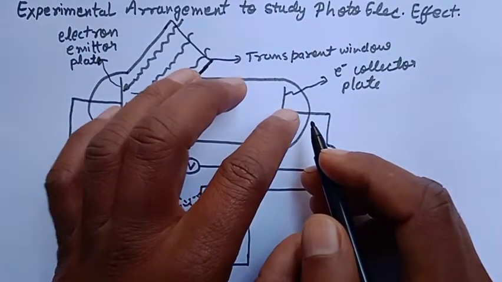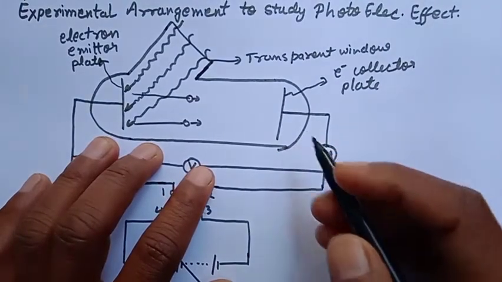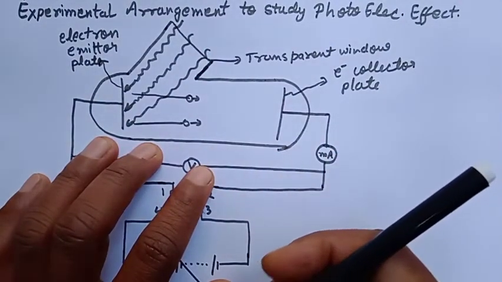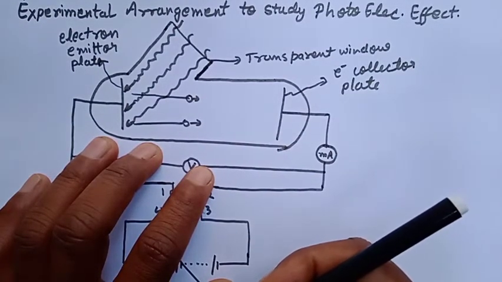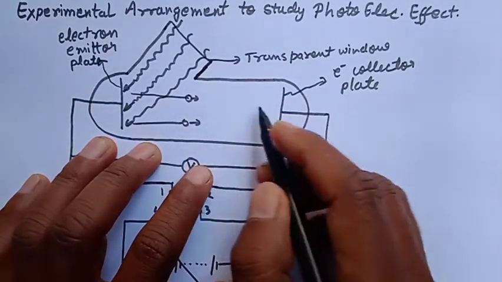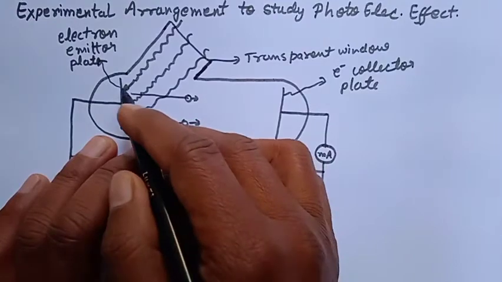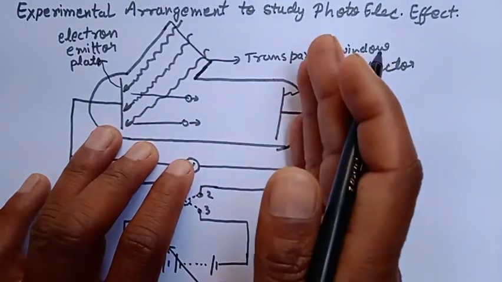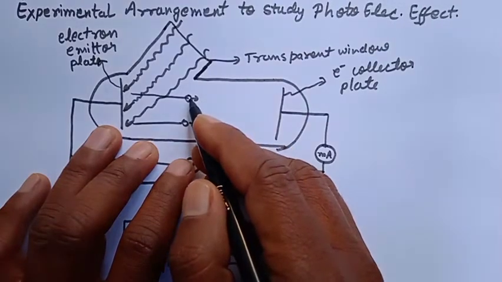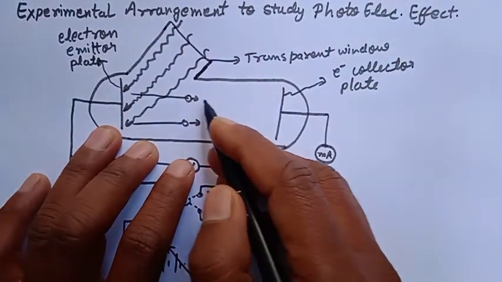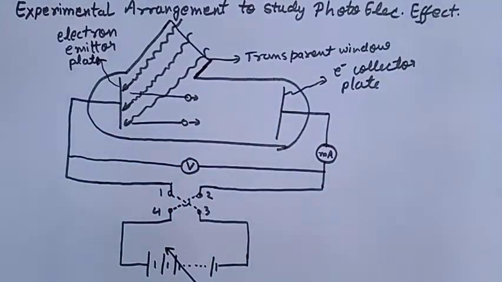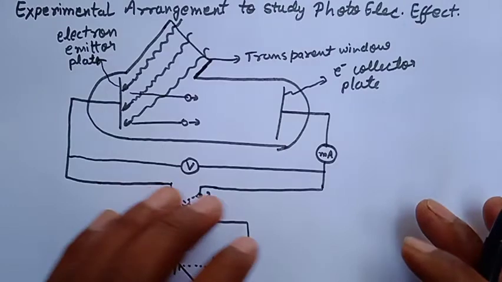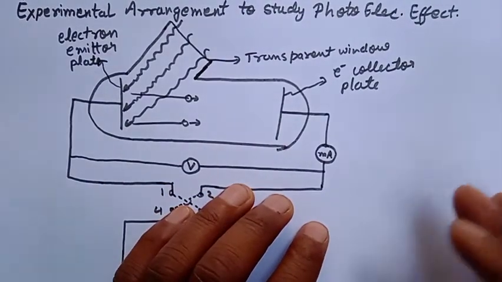I can tell you a similar situation: if we throw something upward, that object is being pulled toward the earth, but still we are capable of throwing it in the upward direction. In the same way, electrons are being pulled toward this emitter, or we can say pushed away from the collector, but still a few electrons will reach this collector plate. So this is the experimental setup, and here there are not only voltage and current but two more factors.